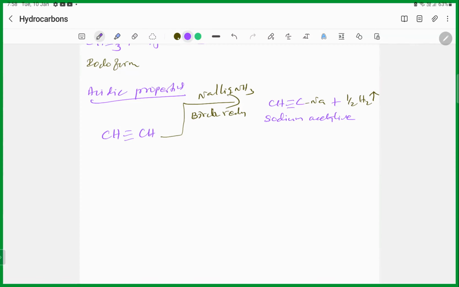Same way, this will react with silver nitrate and ammonium hydroxide, giving C triple bond C Ag Ag, a white precipitate.